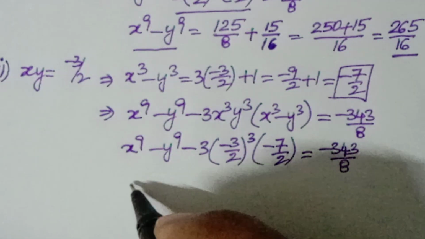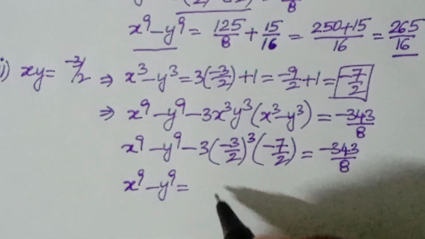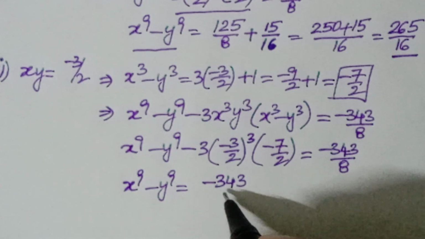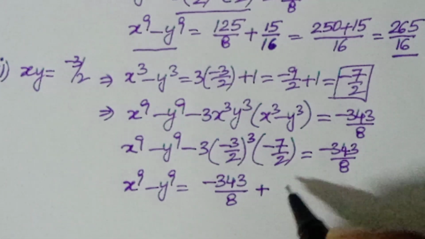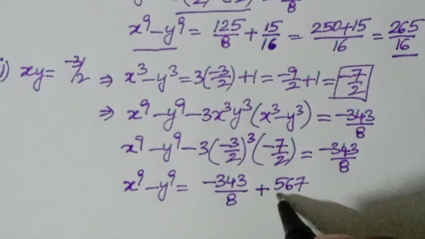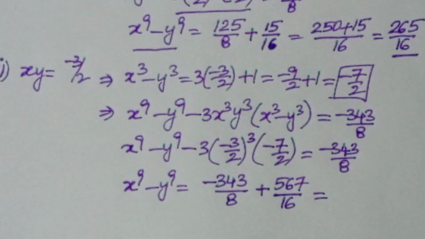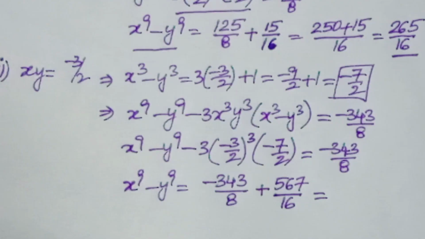So x power 9 minus y power 9 is equal to minus 343 by 8 plus 567 by 16 now. So if you take LCM here, so you will get answer.